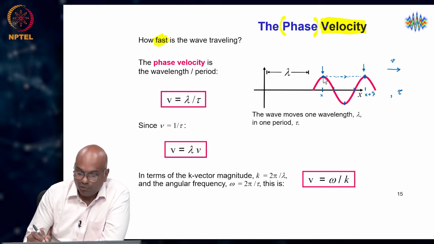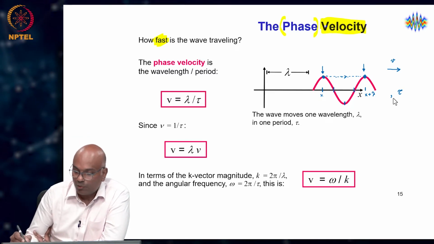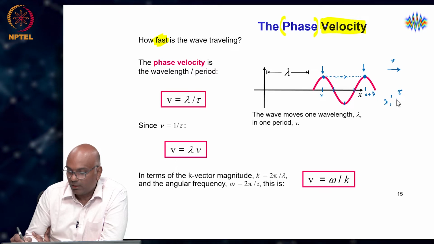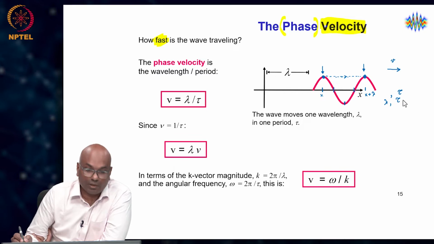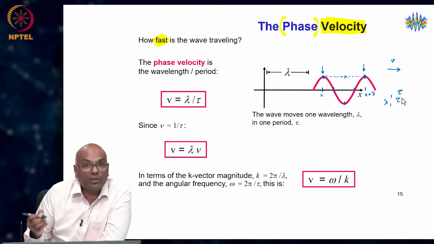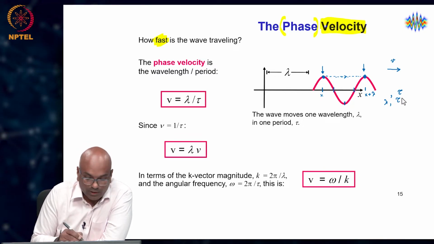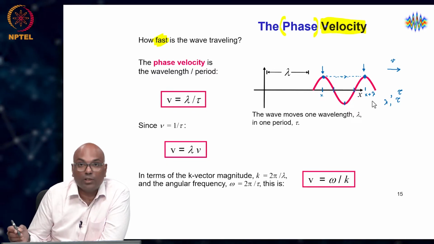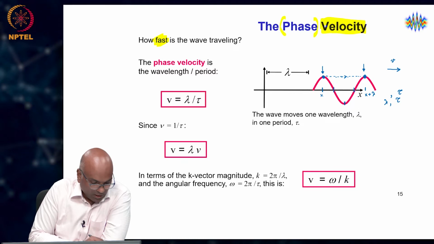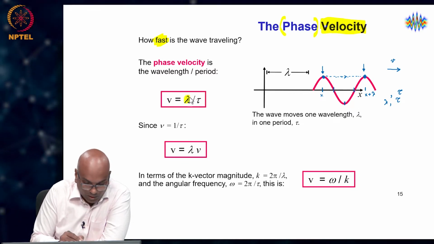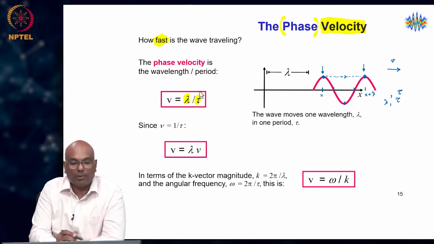Therefore, this phase point has moved lambda units in length after tau units in time. Therefore, the velocity with which this motion happens is essentially the ratio of the displacement divided by the time period, which is essentially lambda divided by tau.